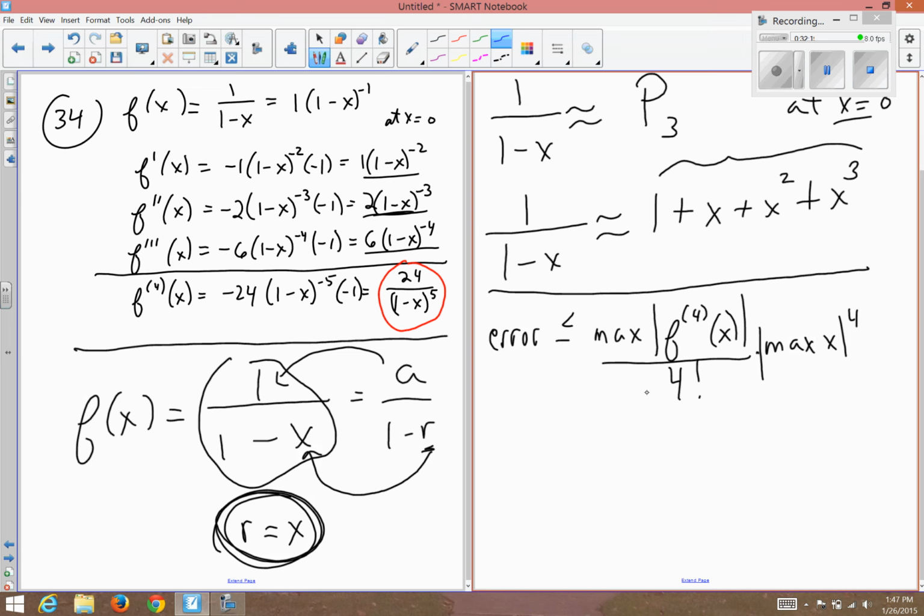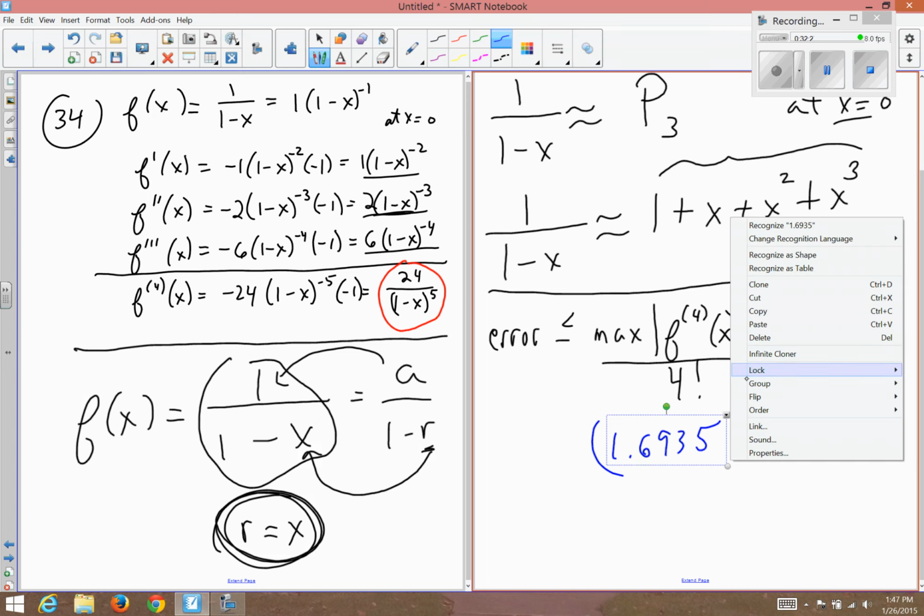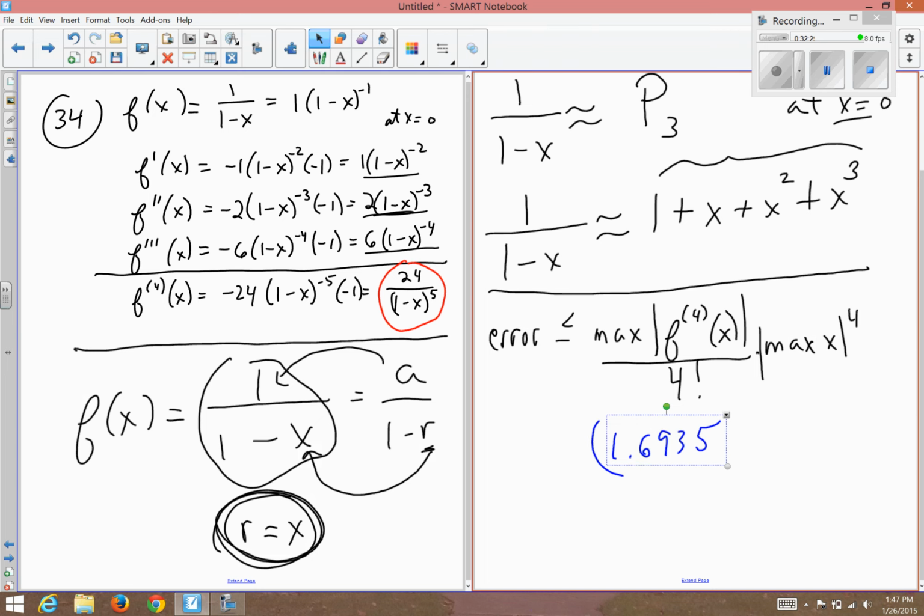So doing all that, I got 1.6935, etc. And I have to multiply that by the biggest x, which is given. x is less than 0.1.